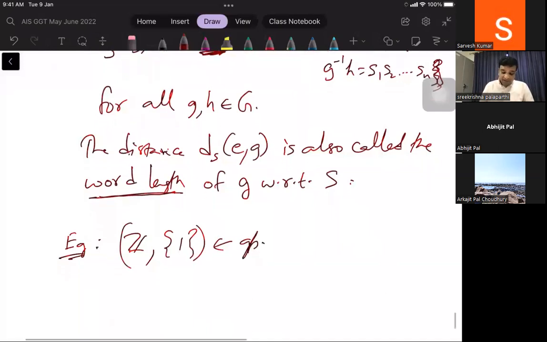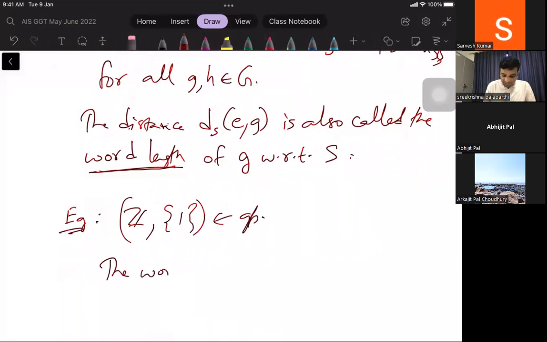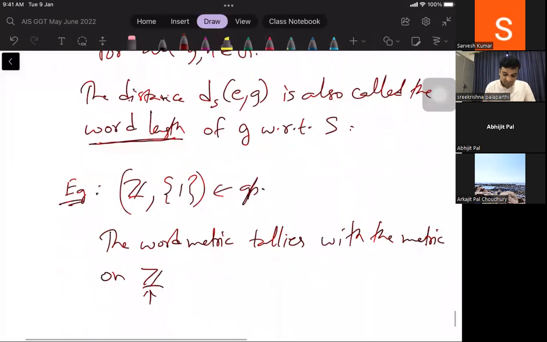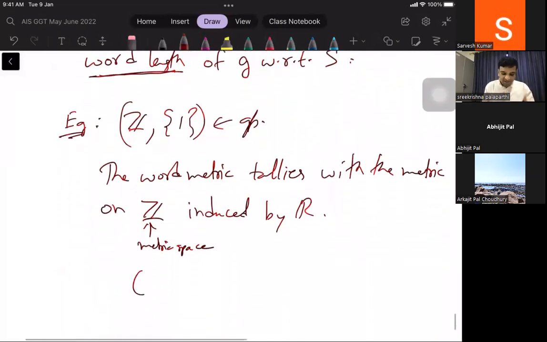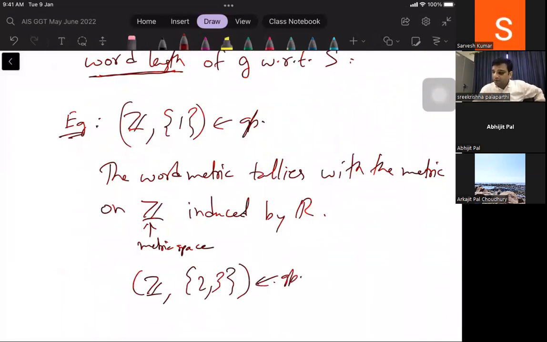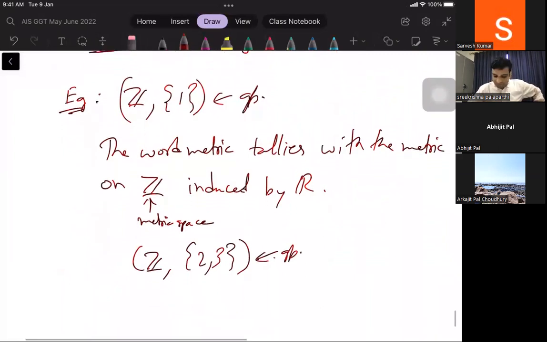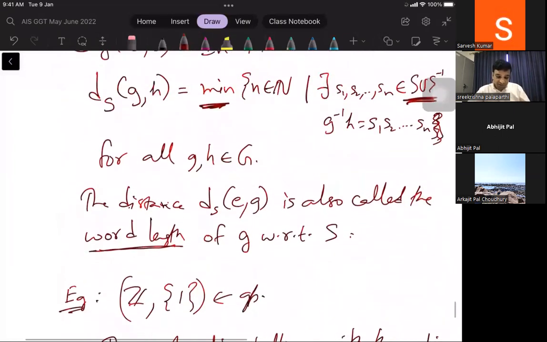Okay, and then the word metric here tallies with the metric on the space Z, induced by R, induced by the metric space R. Whereas if you take Z with the other generating set 2, 3 we have been seeing, then this as a group will not tally with the metric induced by R. But that is an uncomfortable situation when we have these groups.